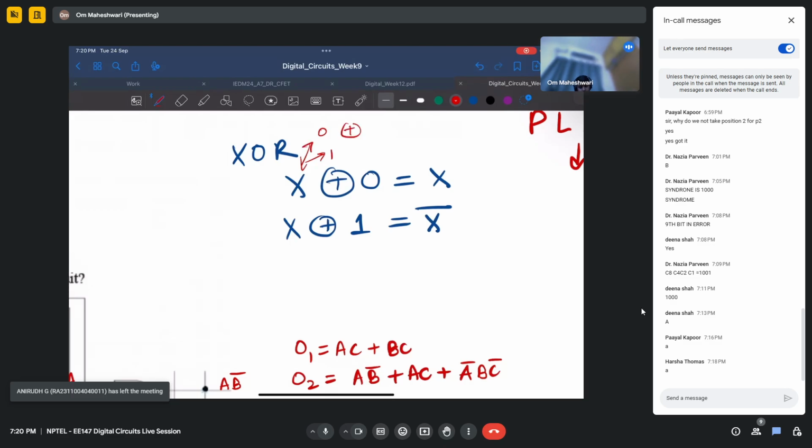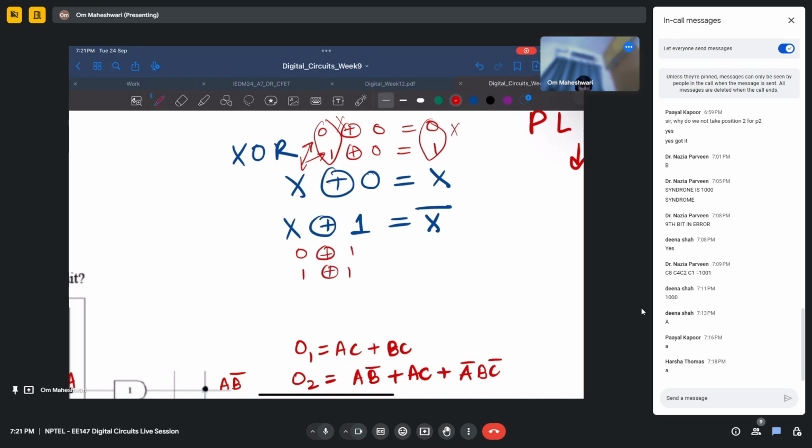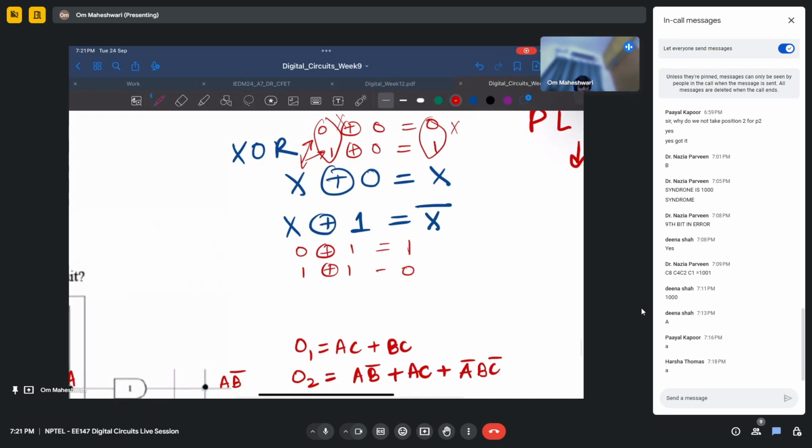So 0 XOR 0 is 0, 1 XOR 0 is 1. So that means X XOR 0 is X. In the other case, 0 XOR 1 is 1, 1 XOR 1 is 0. So if this was X, this output is X bar.